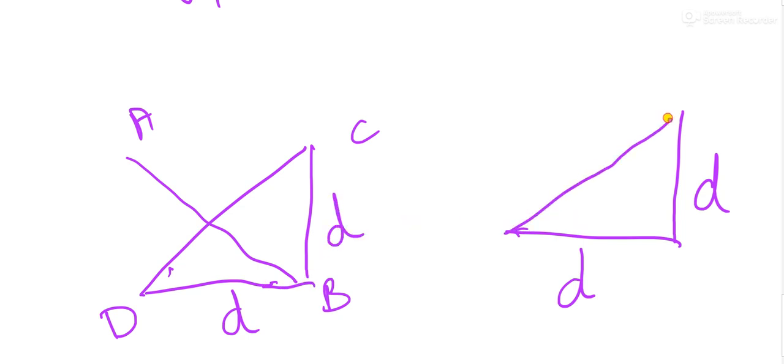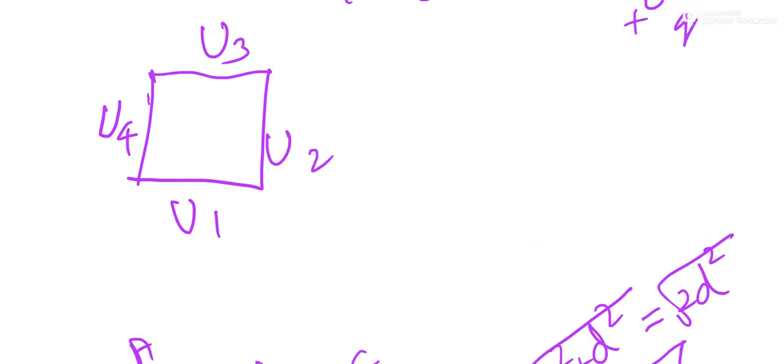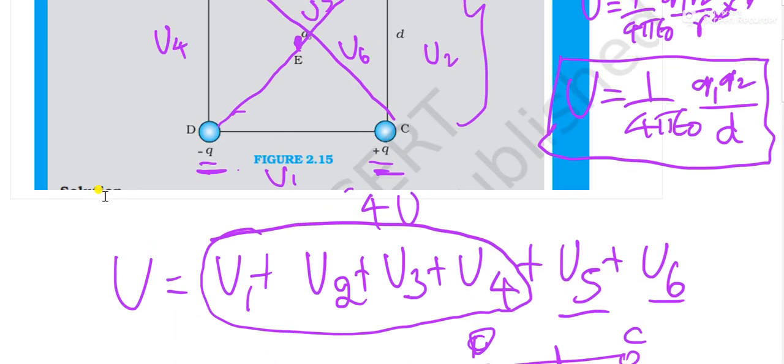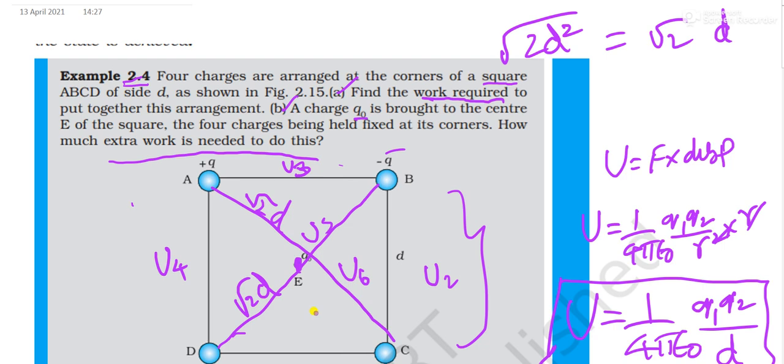I am using the Pythagoras theorem: the square root of d squared plus d squared. d squared plus d squared is 2 times d squared, whose square root gives root 2 times d. So the diagonal length is root 2 times d, and this other diagonal is also root 2 times d, because I used the Pythagoras theorem. Diagonal length I got.